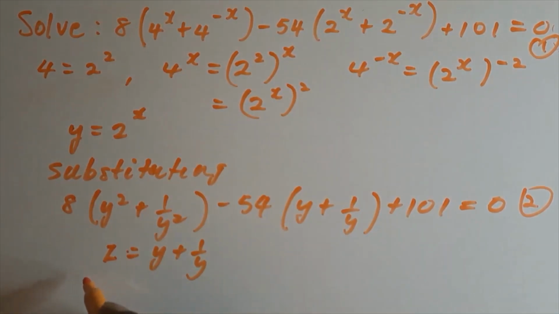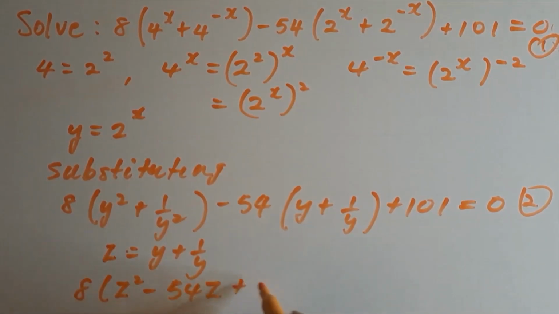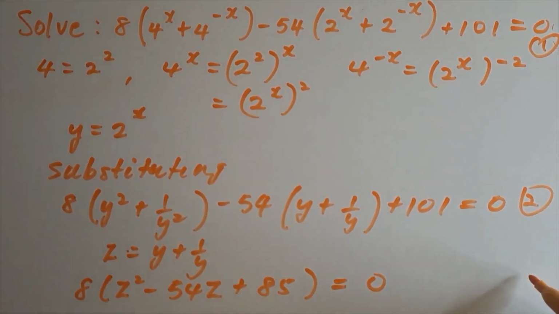So now it becomes 8 into z squared minus 54z add 85, and this is equal to 0. And so now we call this equation 3.